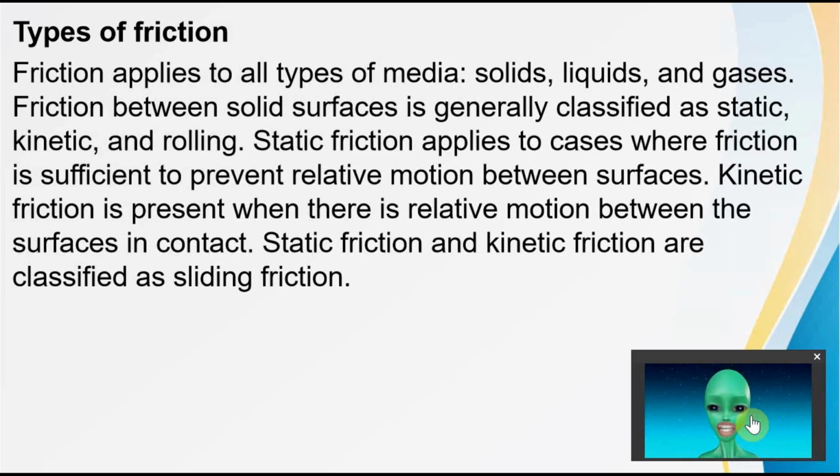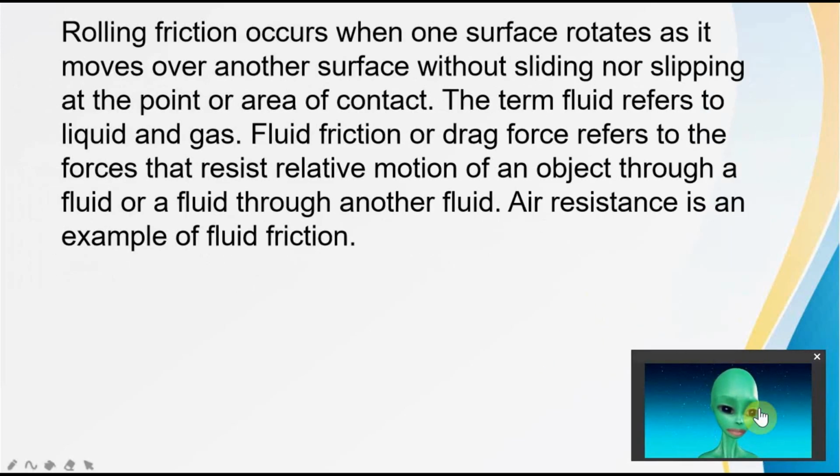Static friction and kinetic friction are classified as sliding friction. Rolling friction occurs when one surface rotates as it moves over another surface without sliding nor slipping at the point or area of contact.